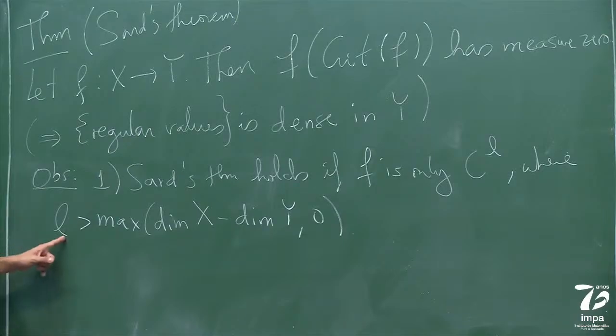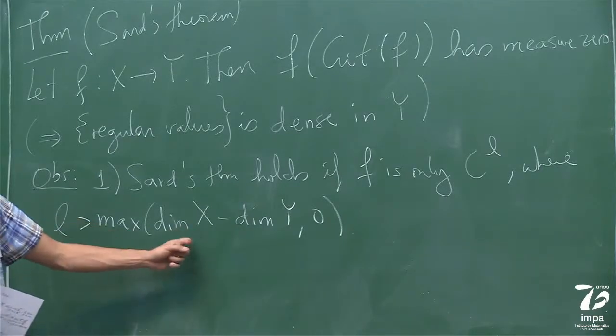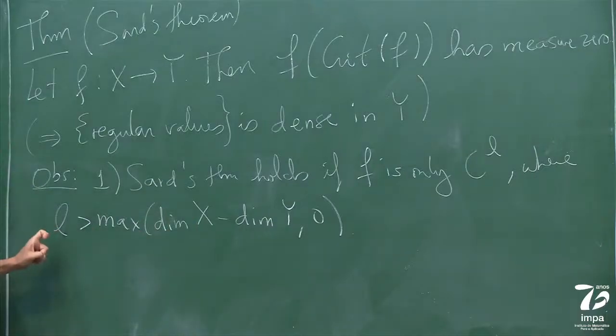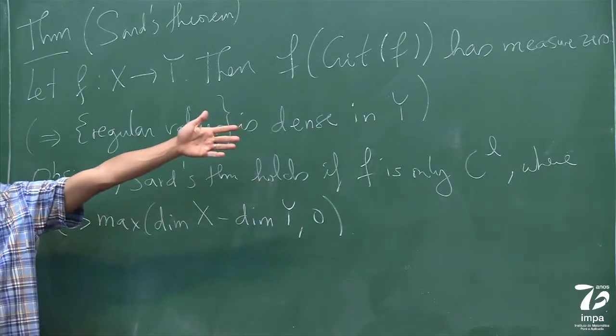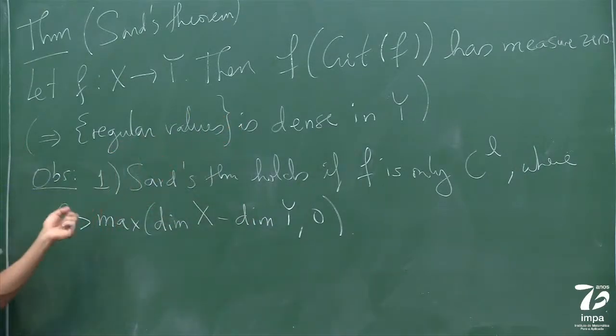So basically if the dimension of X is pretty big compared to Y, then you're going to need a lot of regularity. But if the dimension of X is less than or equal to the dimension of Y, which is the case that we've already covered, all you need is that f is C^1.